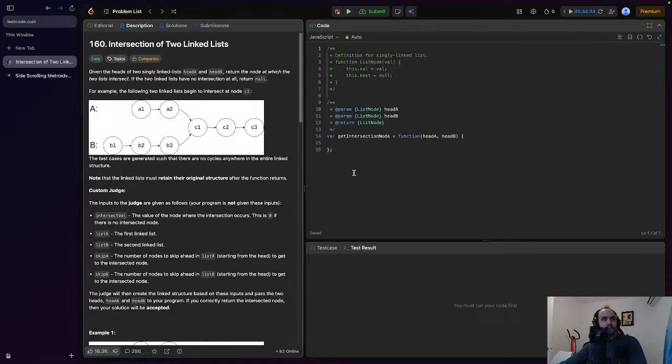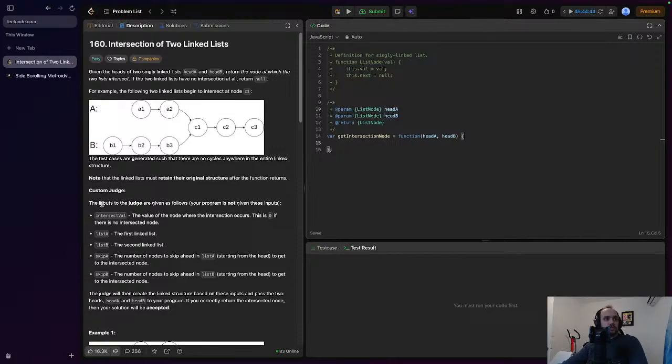Let's do this one. Given the heads of two singly linked lists, A, B, return the node at which the two lists intersect. If the two linked lists have no intersection at all, return null. For example, the following two linked lists begin to intersect at node C1. The test cases are generated such that there are no cycles anywhere in the entire linked list. The linked list must retain the original structure.